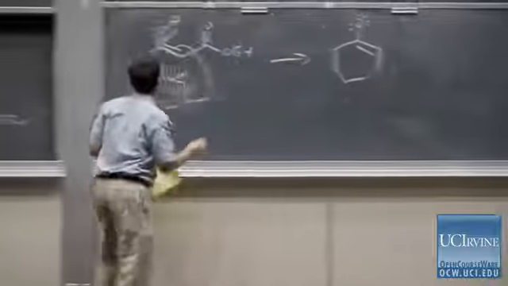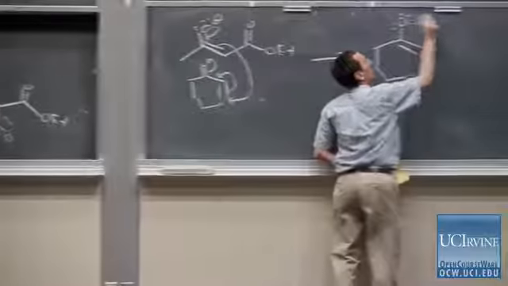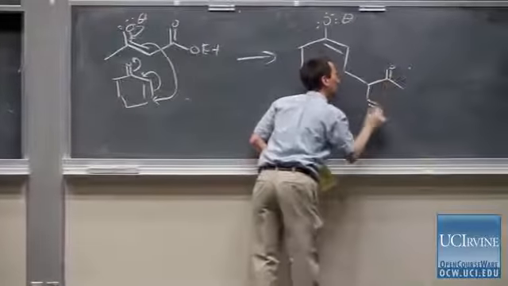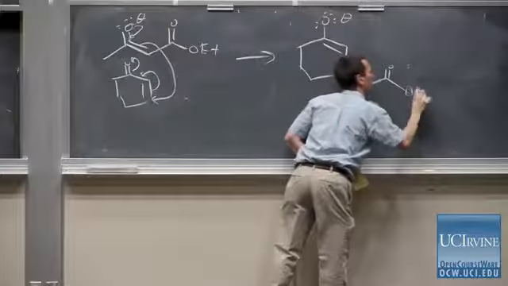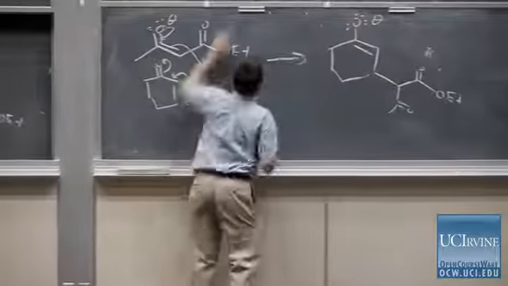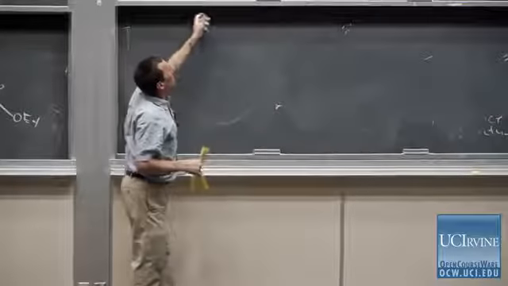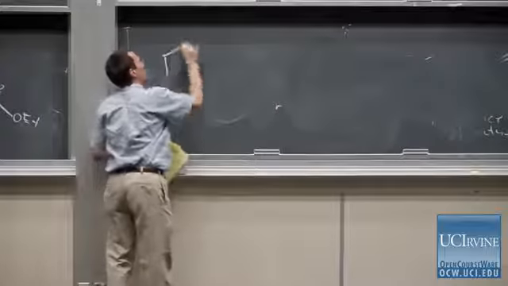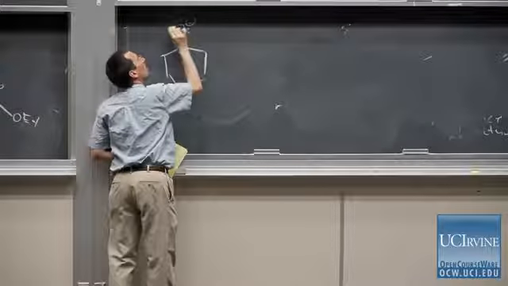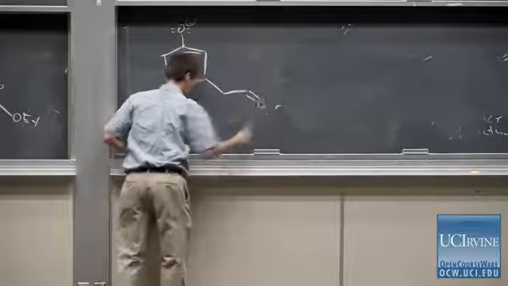So we push electrons on up onto the oxygen. We have our negative charge on the oxygen. Now we have lots and lots of ethanol present.